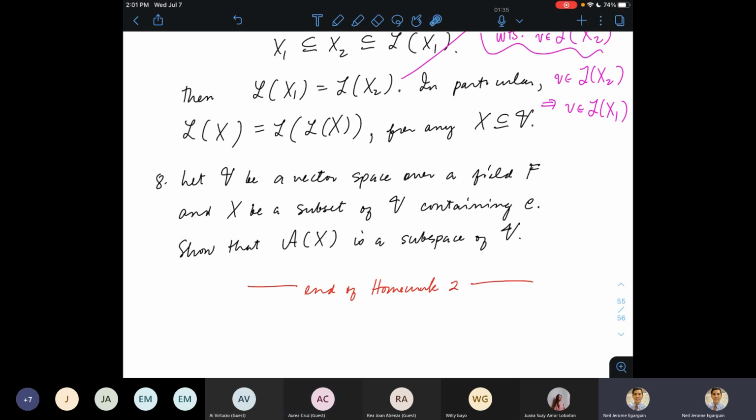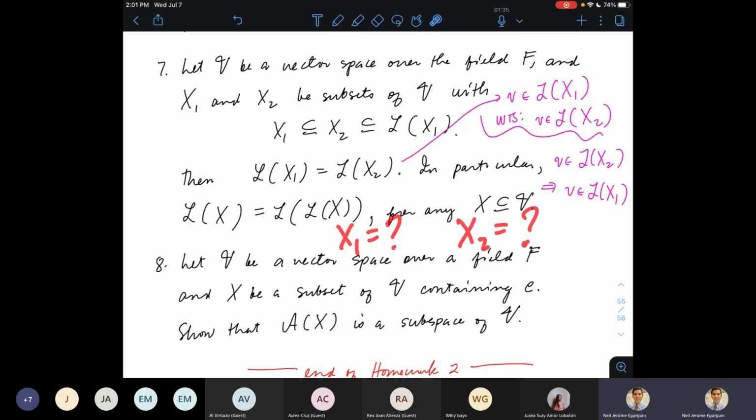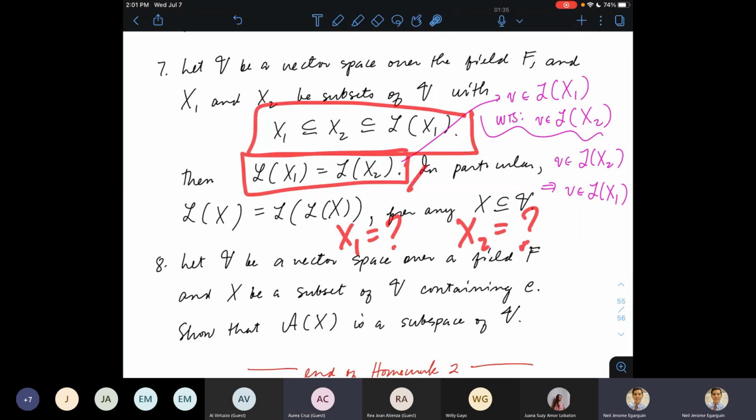So if we are saying here that Lx1 is equal to Lx2, provided that this inclusion is true, then kung meron kang in particular statement, katulad nito, kailangan mo lang hanapin what is x1, what is x2, or what can I take to be x1, what can I take as x2 in order for this premise to apply, right? And then I can make the proper substitution with that x1 and x2, and I'll use the theorem that we have just proven.